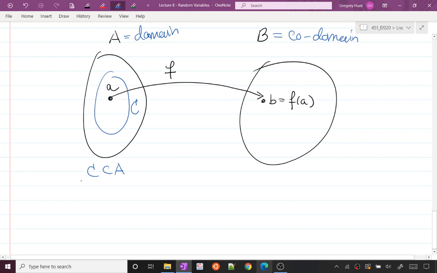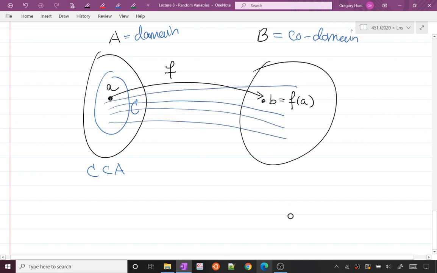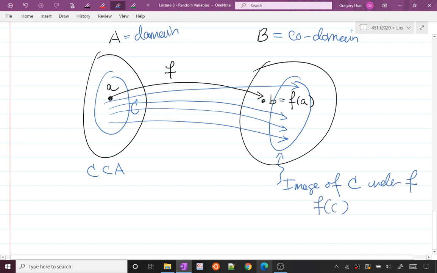If C is a subset of A, then if we look at everything that gets mapped to from C over here, F is going to take all the different elements of C and map them to some set over here. This set is called the image of C under F. And often we'll write F of C, right?